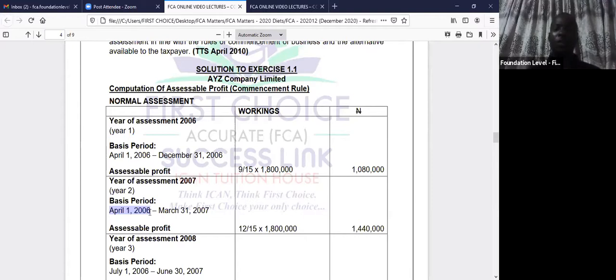What will you normally do? You simply say, from April 1 to April 1, is it not 12? Yes. But you know that it will not be April 1 to April 1. All you need to do is, once you count April 2006 to April 2007, count 1 step backward.